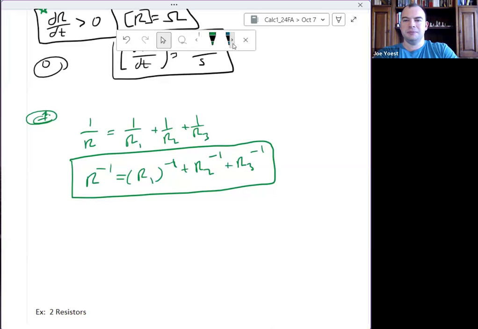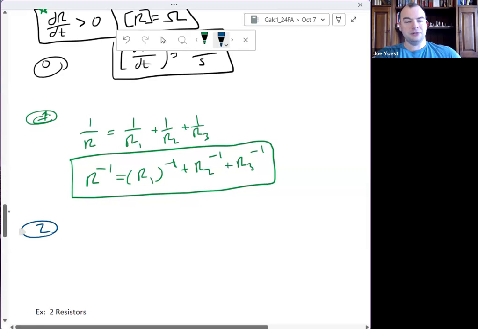Now I do my calculus step. Again, I don't plug numbers in, because if I plug numbers in, then d/dt just differentiates all the number stuff to 0. So I differentiate first. Remember, R1, R2, and R3 are functions of time, so R is also a function of time. Everything in here is a function of time.